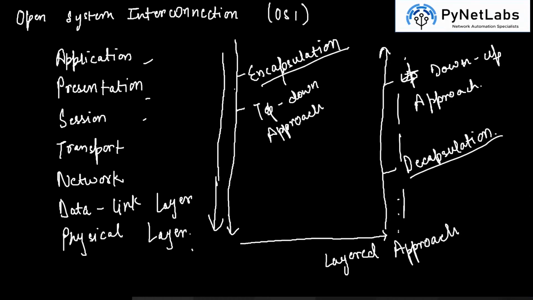So what's happening here is, let's say this is PC A, which belongs to you, and then we have a PC B, which is, let's say, your friend's PC.